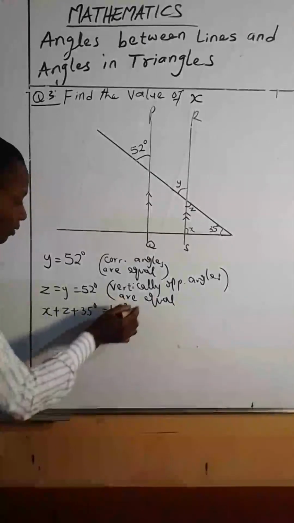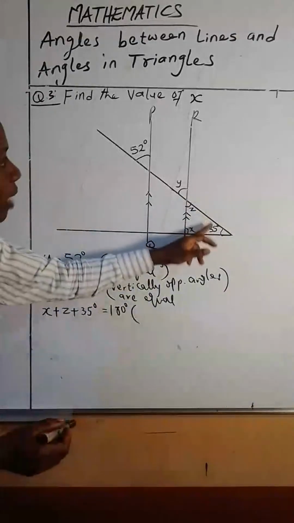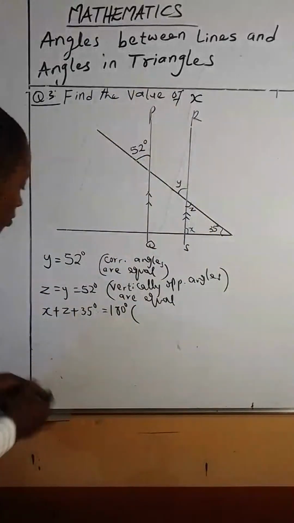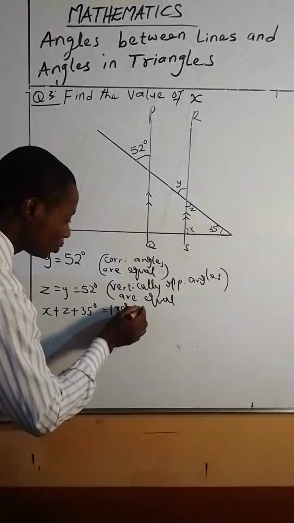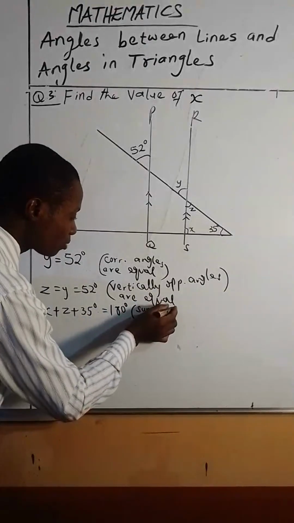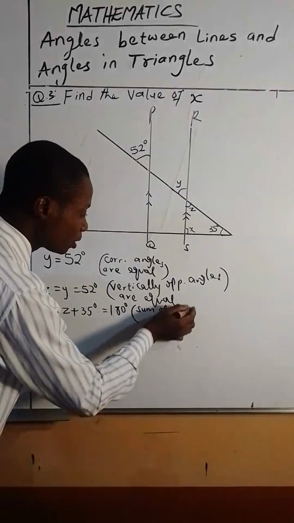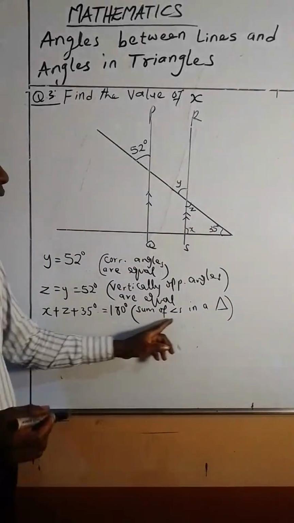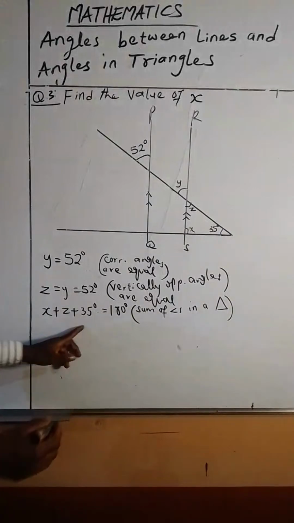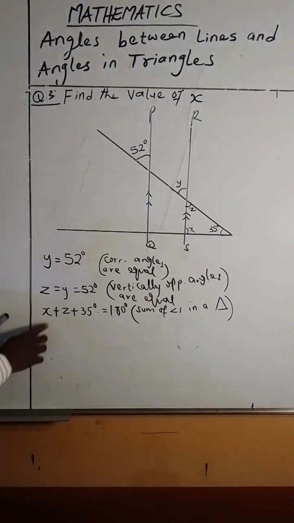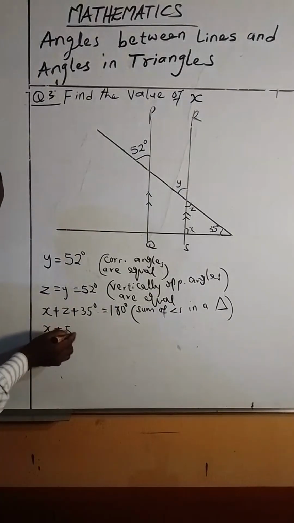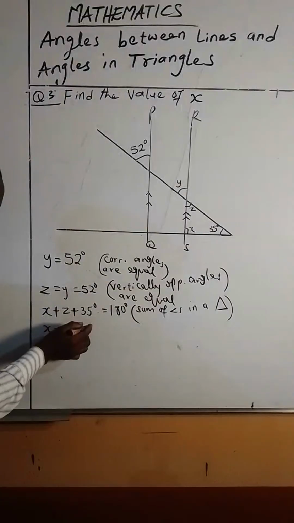The reason is the sum of angles in a triangle is 180 degrees. We are looking for X, so we repeat this for X. Our Z is 52 degrees, so we put our 52 degrees here, then plus 35.